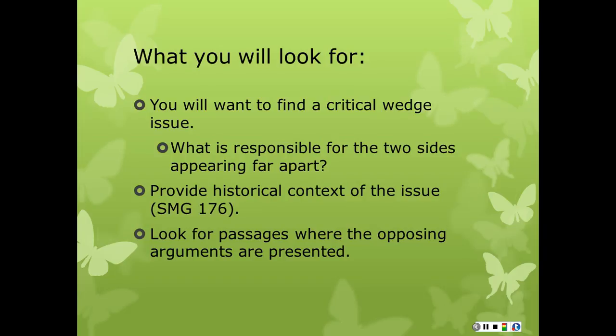You also will want to provide historical context of the issue, and that's on page 176. So let's go there. They give a good example here, highlighted in blue. It says, the age of innocence in baseball seems to have ended in the 1990s when the steroid era began, and players from Mark McGwire to Roger Clemens, Barry Bonds, and Alex Rodriguez were identified as using performance-enhancing drugs.